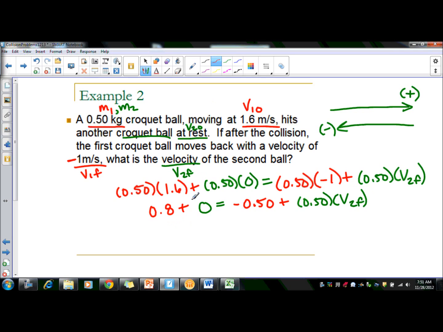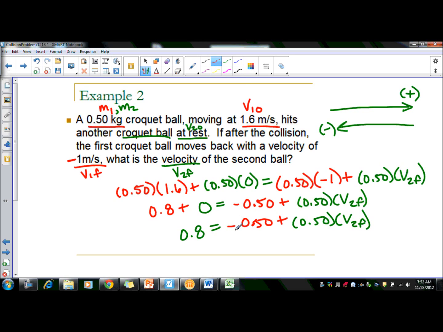So now we add these together. We get 0.8 plus 0. So we're ending on green. This will be 0.8 equals negative 0.50 plus 0.50 times V2F.